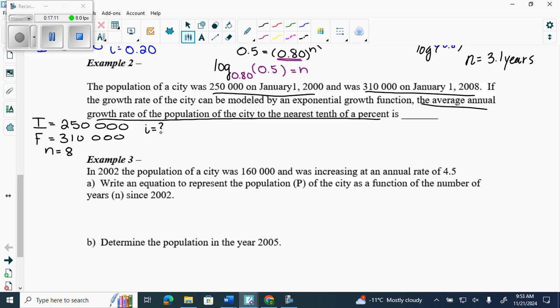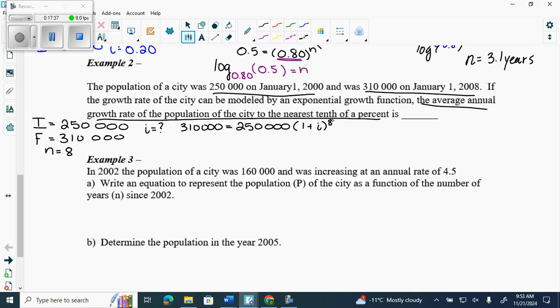Okay, let's discuss. Our final is 310,000. Our initial is 250,000. We're increasing, so we do 1 plus i, and our n is 8. We have initial, we have final. What's the first thing I told you to do whenever you have initial and final?